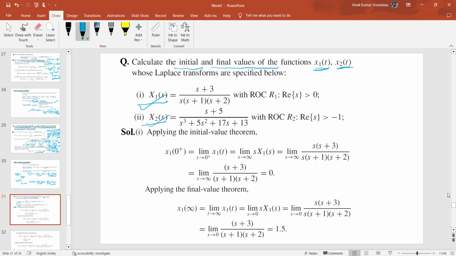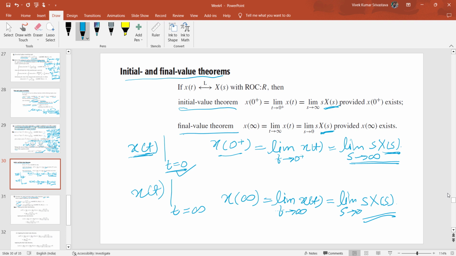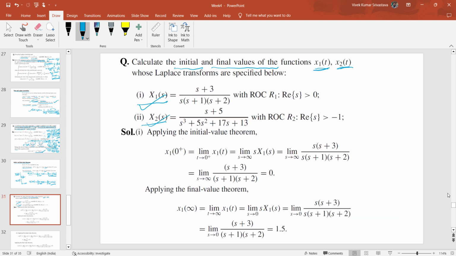As I discussed in this slide, for evaluating the initial value of the first signal, x1(t), you would put t tends to 0+. But for evaluating this expression, you have to first determine the signal x1(t) in the time domain.